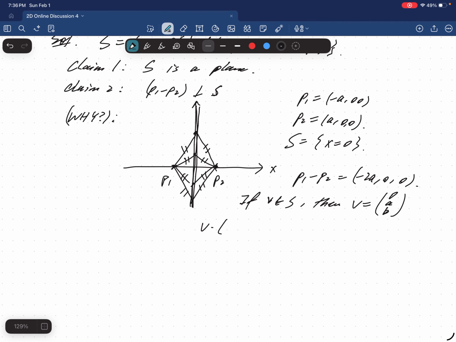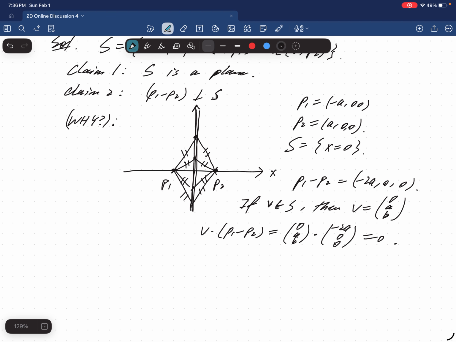Then V dot P1 minus P2 is (0, a, b) dot (-2a, 0, 0). This is 0, right? So every V in my S is perpendicular to P1 minus P2. So my claim holds for this very specific case.